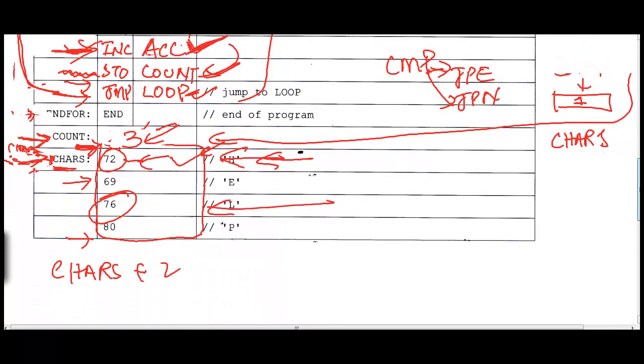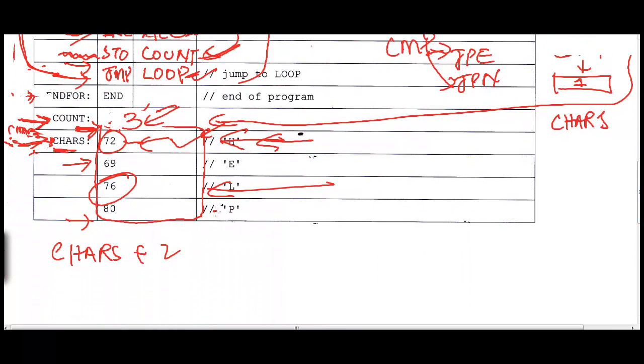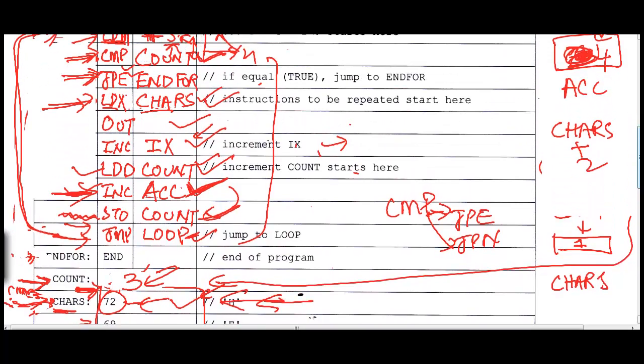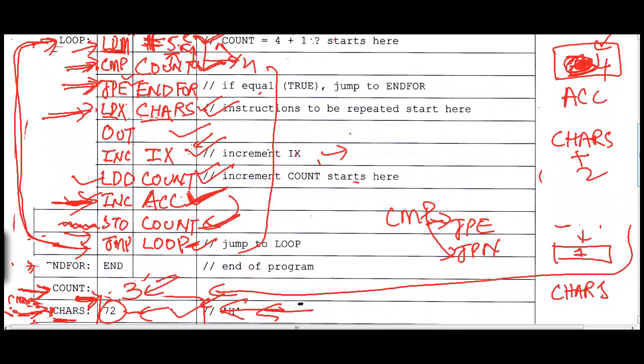When this loop runs the final time, this last character here is going to be output, and finally we are going to increment. So finally when we load count, we increment the accumulator and store this new value of count. Then count is going to become equal to 5.